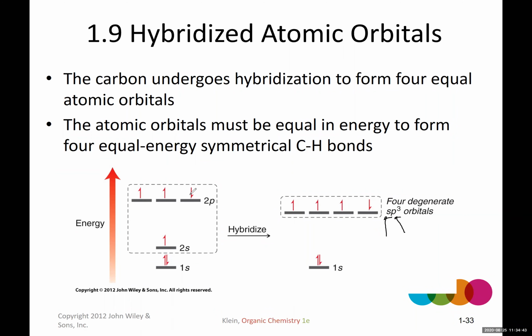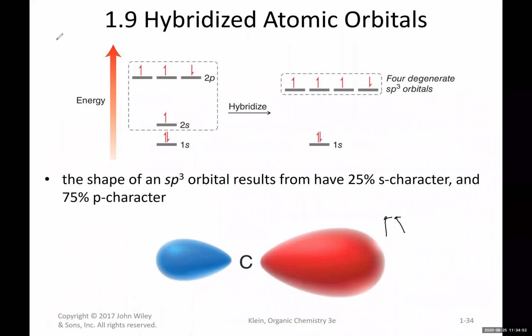So you form these 4 sp3 orbitals, and this is what the orbital looks like down here. This is an orbital made from 25% s-type orbital and 75% p-type orbital.